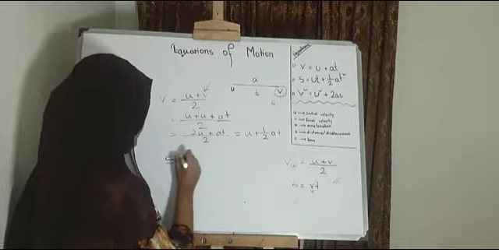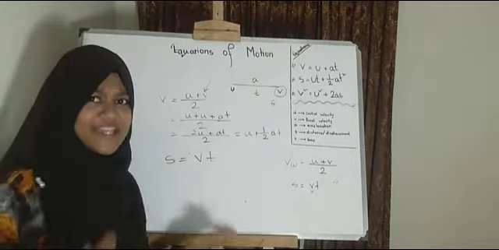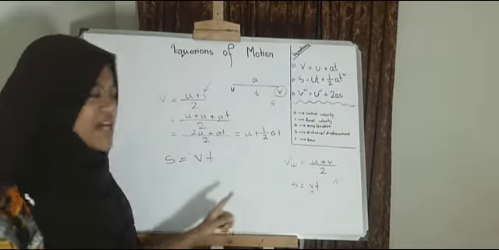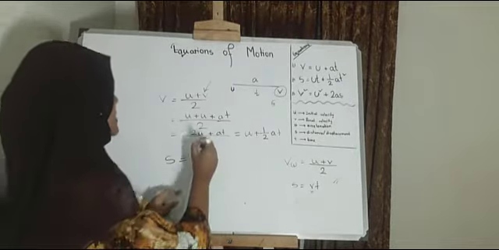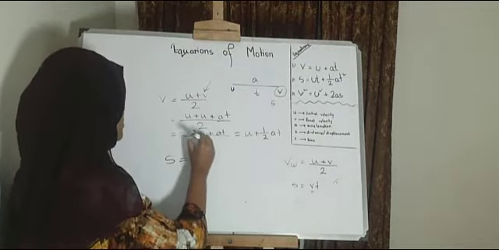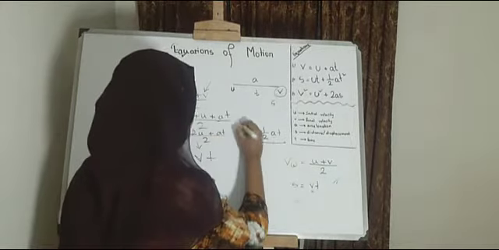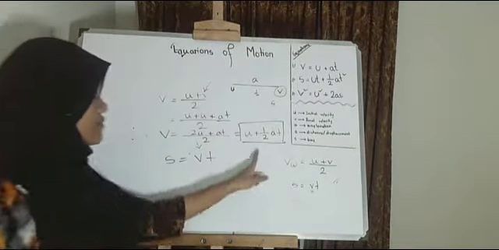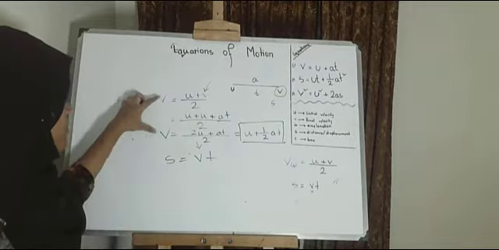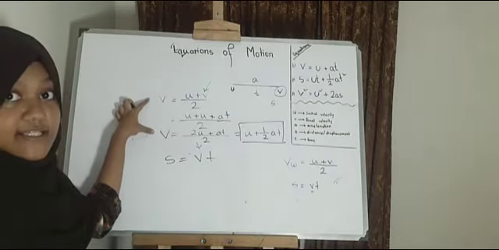Now what we'll do is take up s equals to vt. We know that for uniform velocity, right? Now instead of this v, we'll write this one: u plus half at, which we got from these lines.